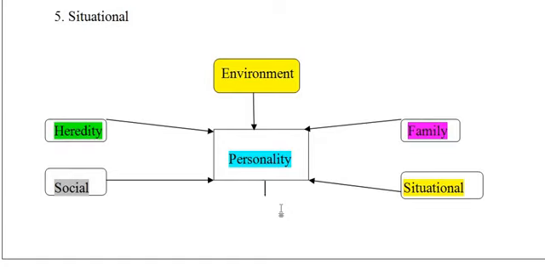Next, the situational. Situations influence an individual's personality. A classification scheme that would tell us the impact of various types of situations has so far not been developed. Certain situations are more relevant than others in influencing personality. The next one is social. The internal and external environment influence people's personality and behavior.